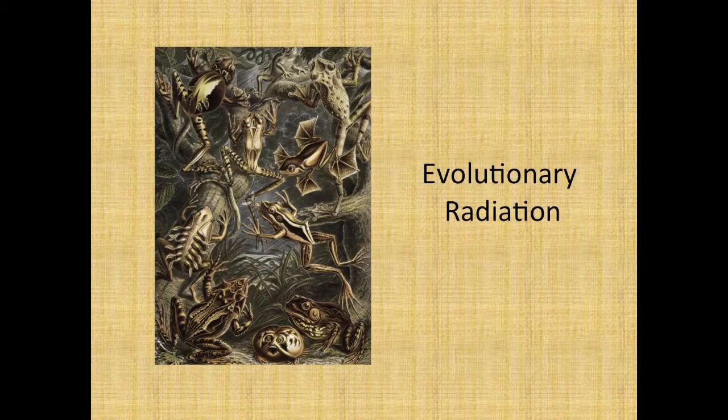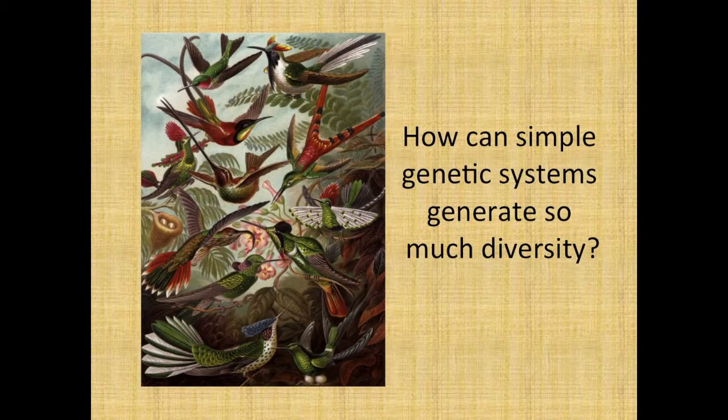Frogs, of course, we've had a major radiation of frogs just in the past couple dozen thousand years. Lots of different things. And of course, hummingbirds of all the different kinds. We only have a few here in North America, but amazing to see.